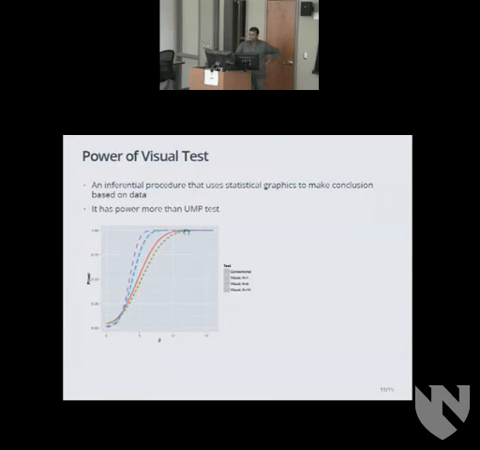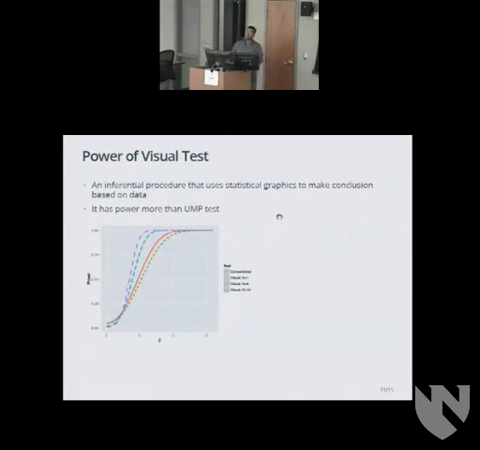And then this dotted line is the power of visual inference where k is 1. And then we increase k, the number of people who evaluate my lineup. So this is k equals 5, and this is k equals an even bigger number, 10.